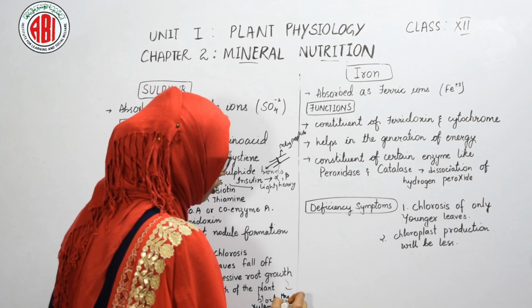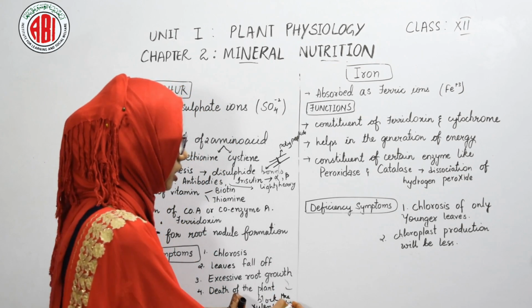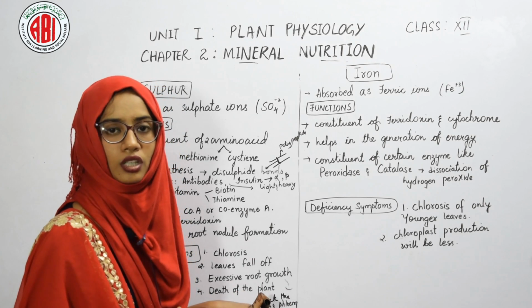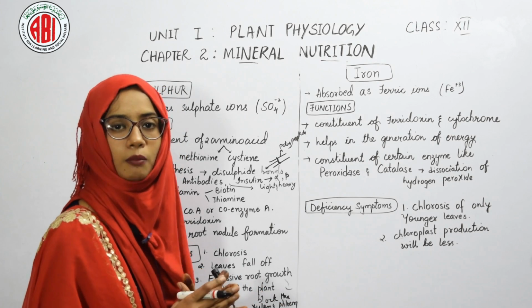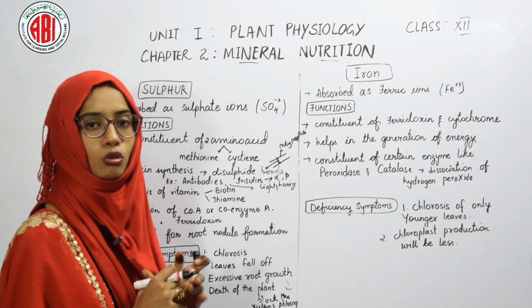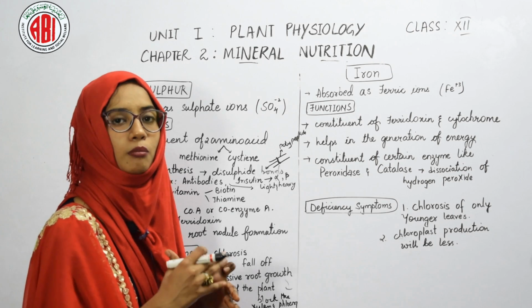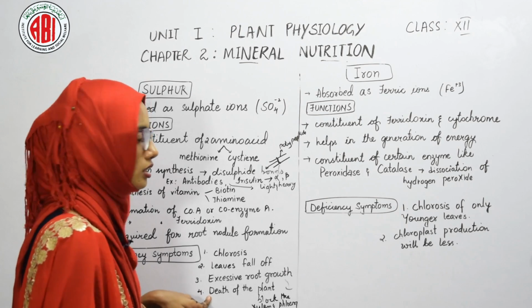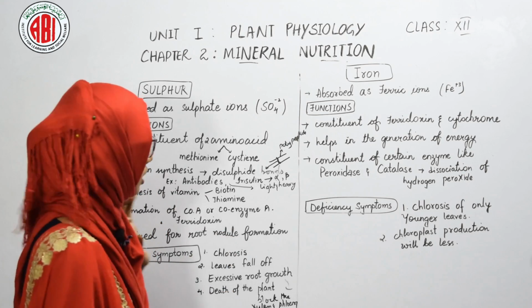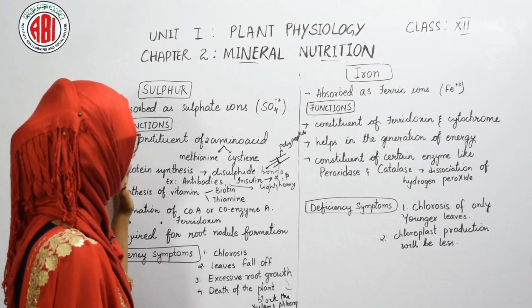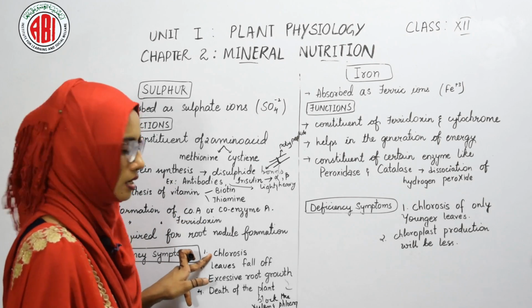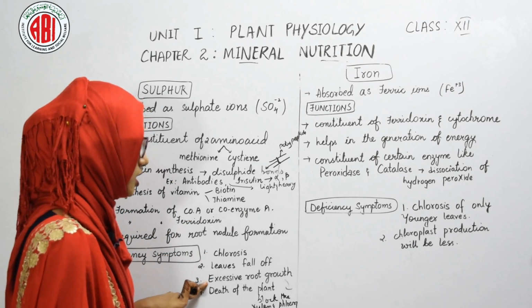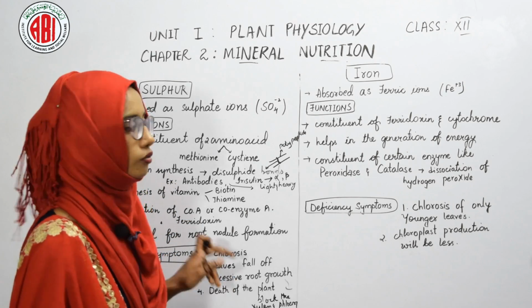Due to the blockage of xylem and phloem tissues of the root in a plant body, there will be no possibility to absorb or move the minerals and the water which is present in the soil. That may result in the death of the plant. So the deficiency symptoms of sulfur include chlorosis, leaf fall, excessive root growth, and the death of the plant.